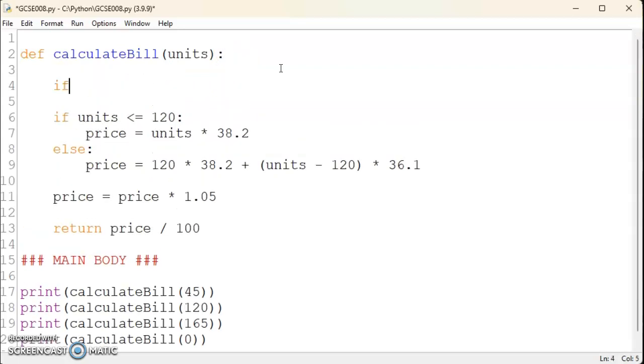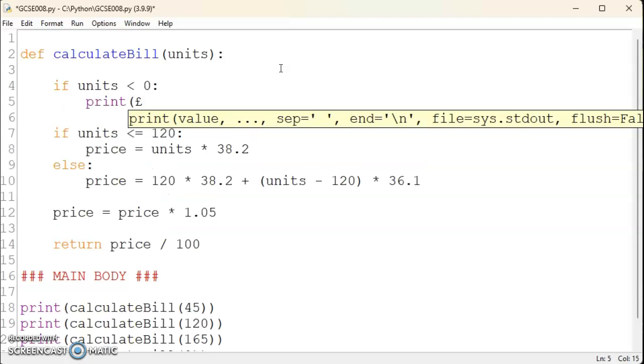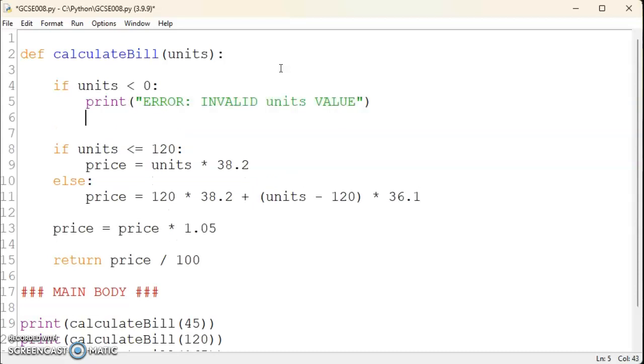We could begin with a quick check to say, if the number of units is below 0, then we're going to print an error message, and we're going to say invalid units value, and then we can return some sort of a dummy value, maybe a 0, in order to make sure that the function returns a value from all pathways through the program.